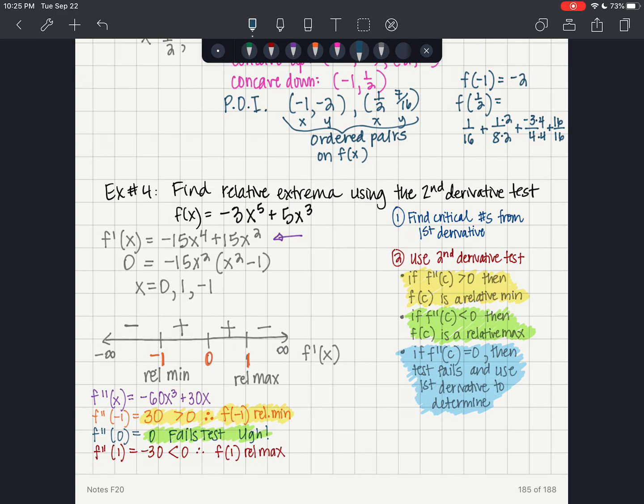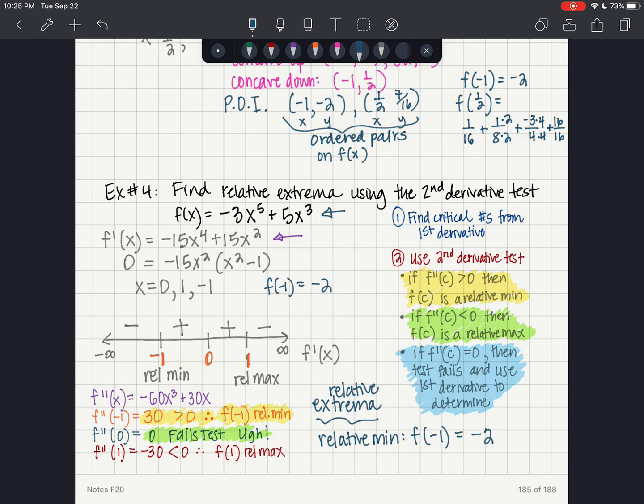So my relative extrema, I'm going to have a relative min at f of -1. When I put f of -1 in, I'm going to get -3 times -1, which is 3, and 3 minus 5 is -2.